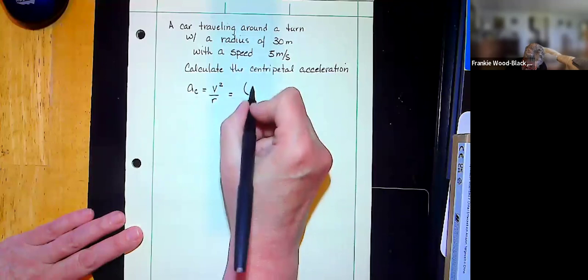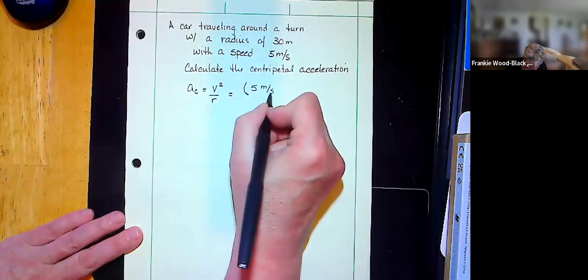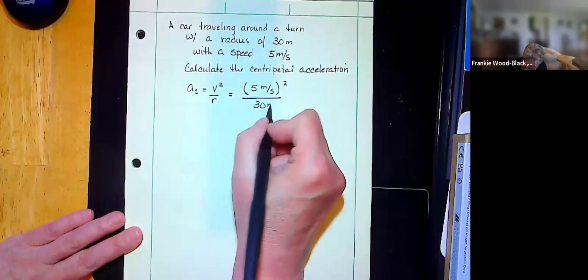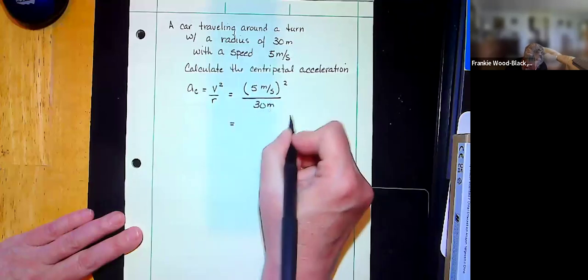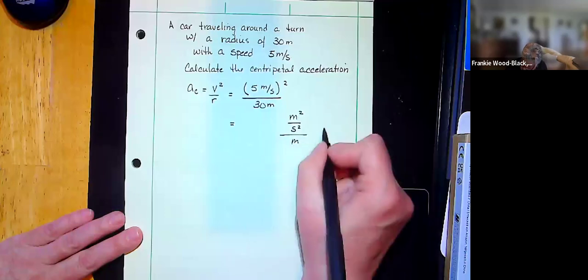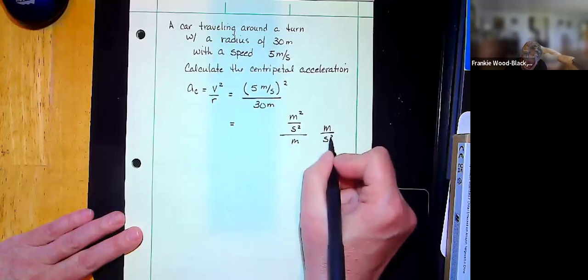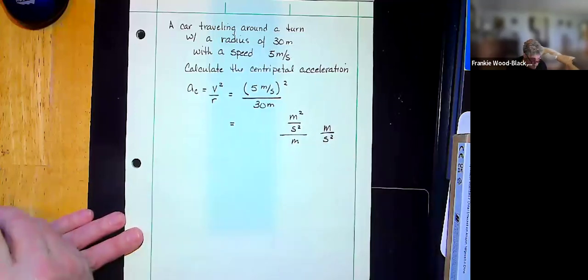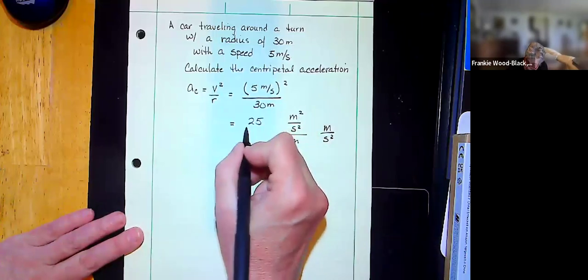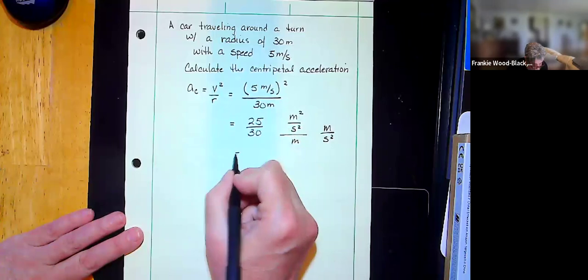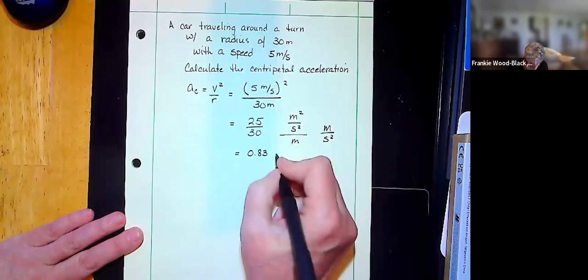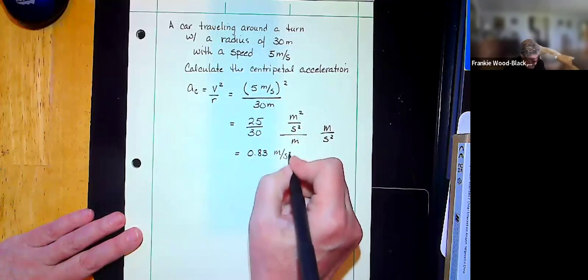We're going to have our v squared as (5 meters per second) squared divided by our 30 meters. We're going to get meters squared, seconds squared divided by meters, which is going to give us meters per second squared. So our units are going to work out really well. This is going to give us 25 divided by 30, and we're going to get a centripetal acceleration of 8.3 meters per second squared.